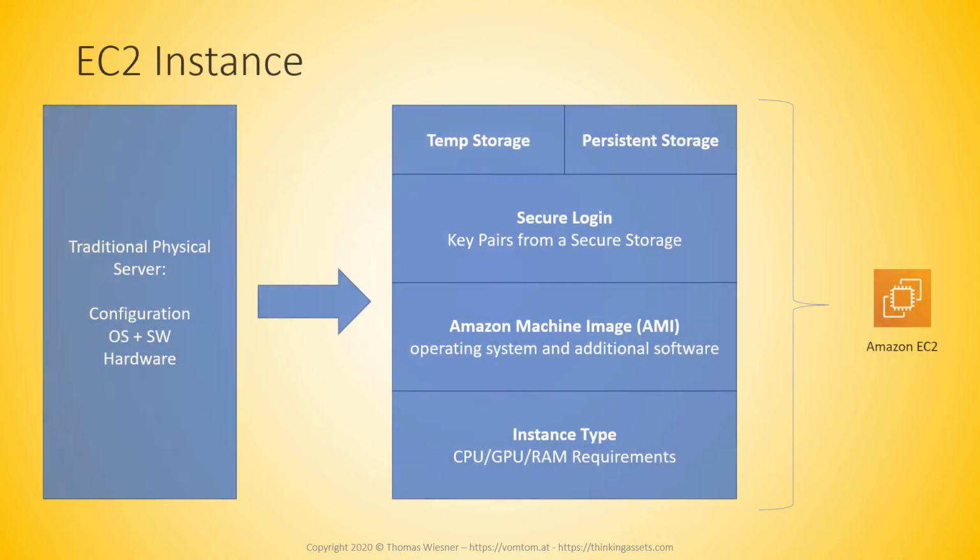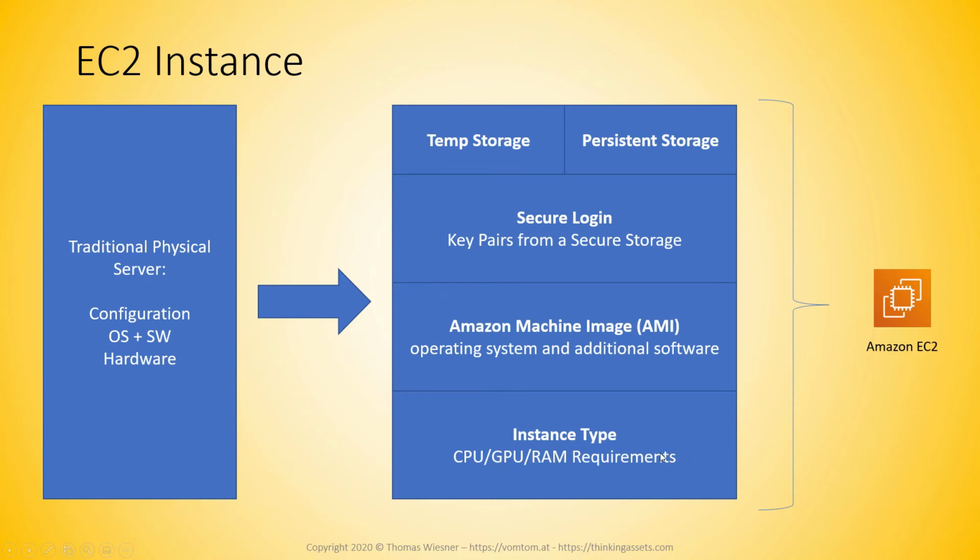So when we are talking about an EC2 instance, then we are talking about moving from a traditional physical server, where we have hardware, some OS and software layer, and configuration for all of this, to something like building blocks, where we have an instance type with CPU or GPU or RAM requirements.